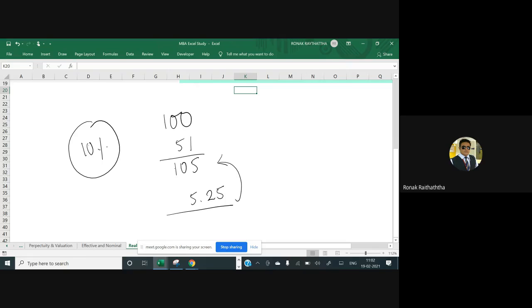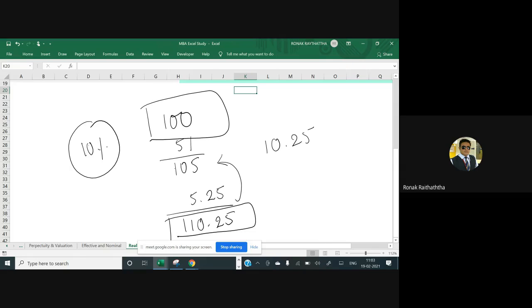So our total fund value at the end of the first year, effectively after the 2 periods, one period consisting of 6 months, would be 110.25. Now in this case, you have effectively earned 10.25 because you invested 100 and got 110.25, but the nominal rate given to you was 10%.